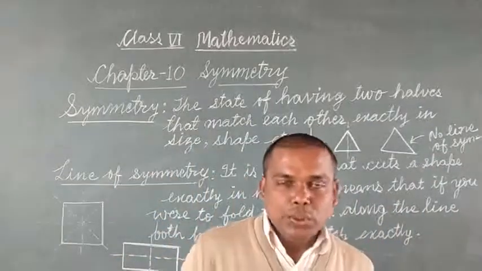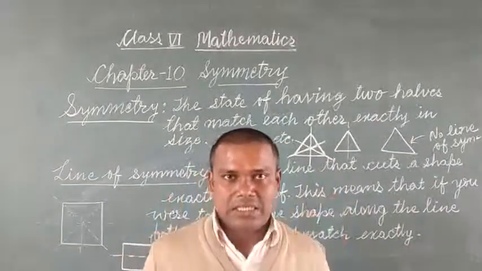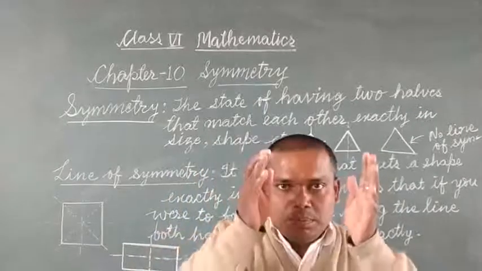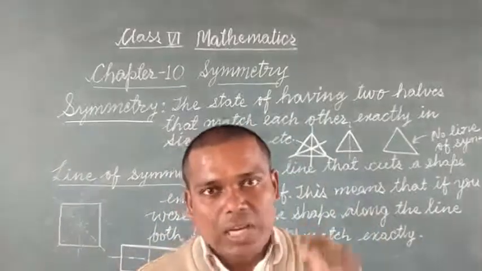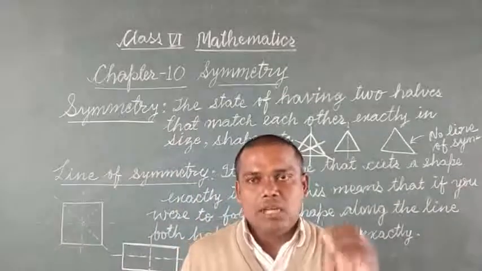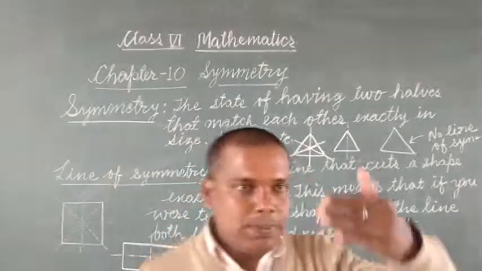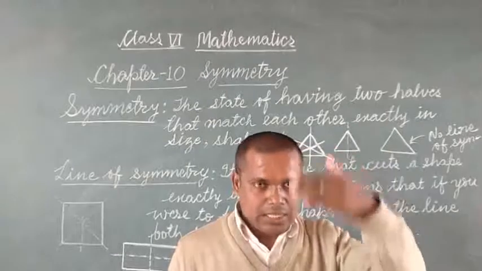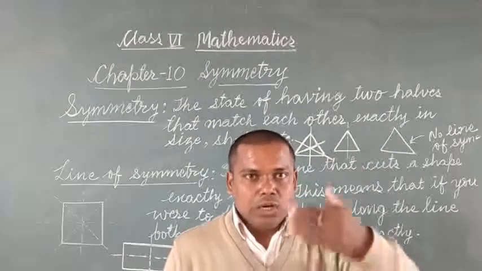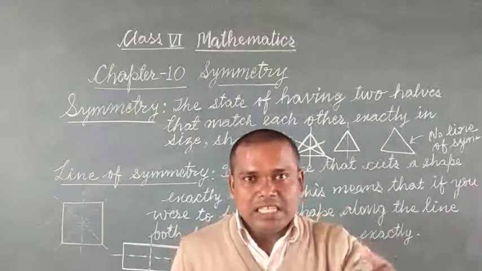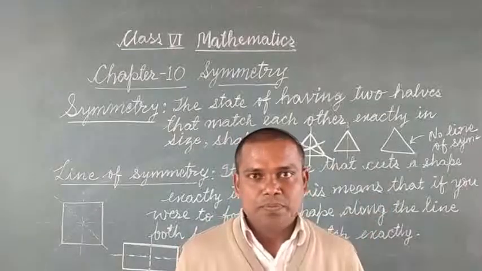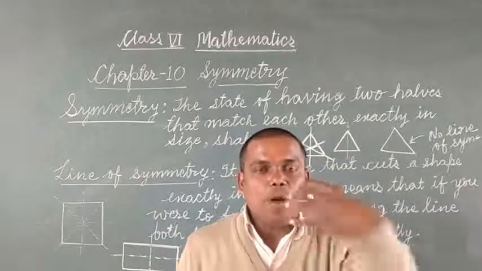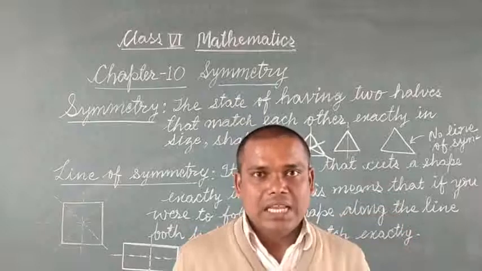Another method is that you can keep a mirror, and the image in the mirror will also tell us about the line of symmetry. As you keep a mirror in front of you, your image will be seen in the mirror. You will see exactly the copy of your face and your body.